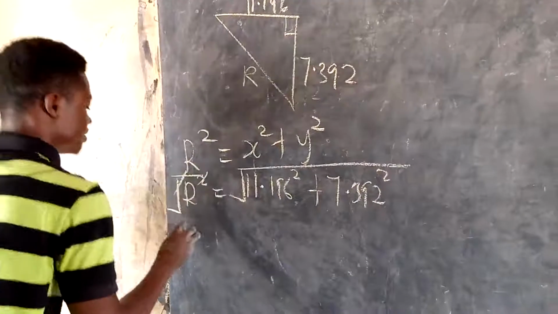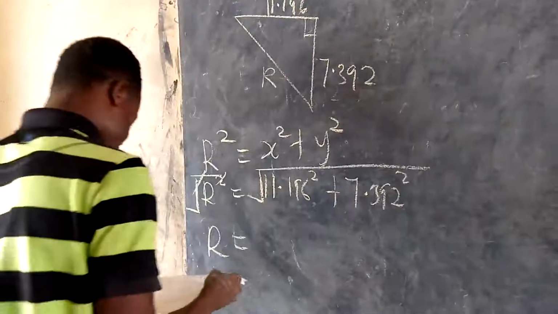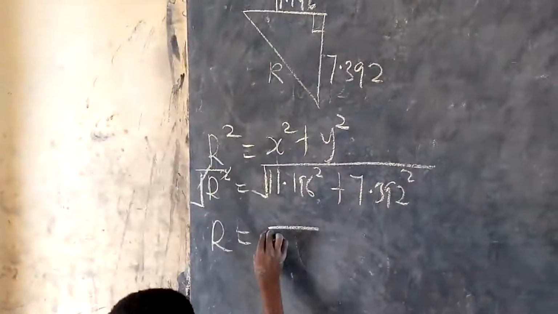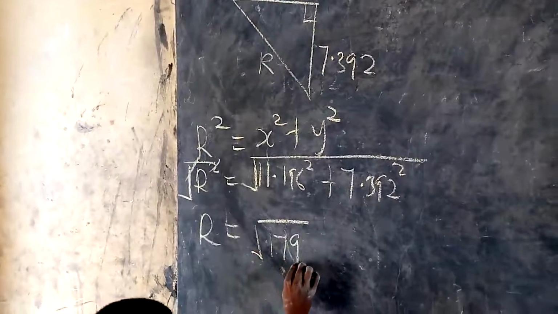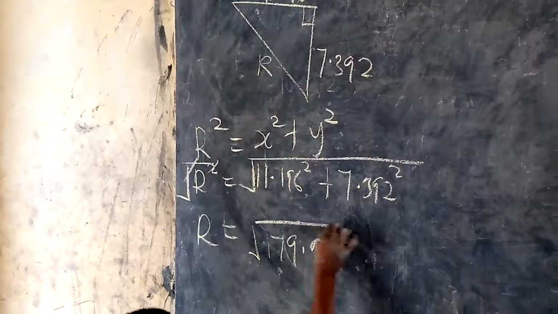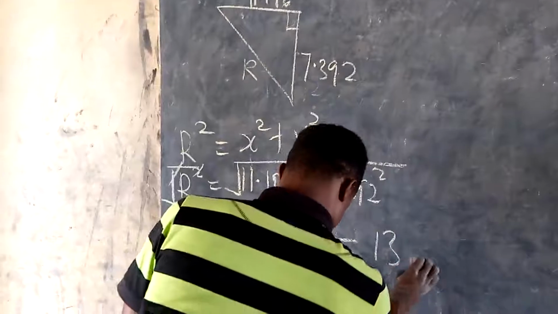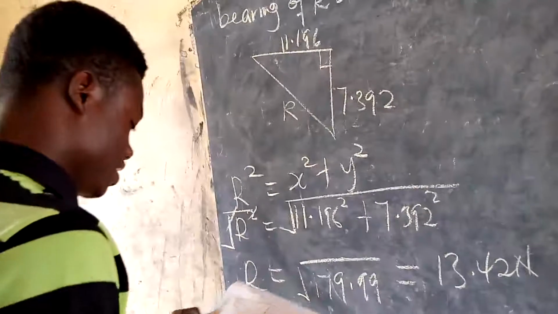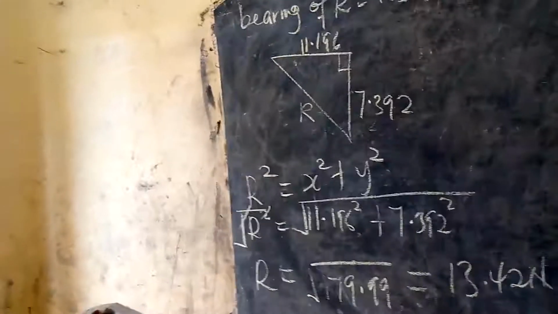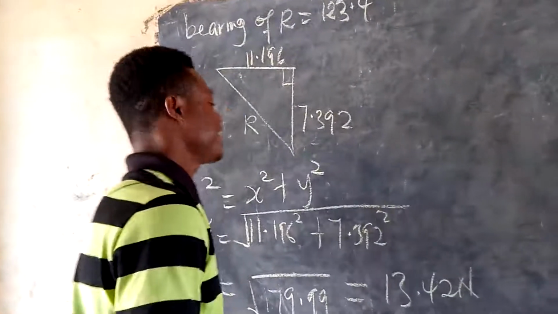My R finally equals the square root of 179.99, which is 13.42 Newton.